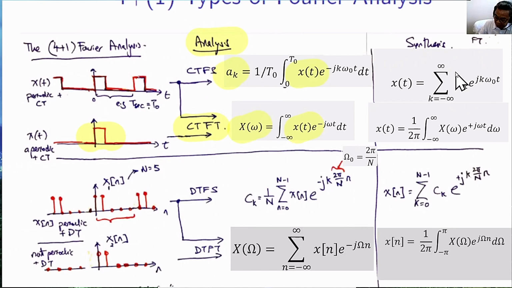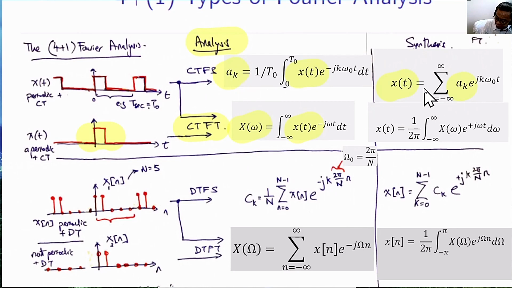What about synthesis? Synthesis takes the representation in the frequency domain and converts it back to time. Similarly, because a_k is not continuous, we have a_1, a_2, a_3, a_4, and in fact we have a_0 as well as a_-1, a_-2.